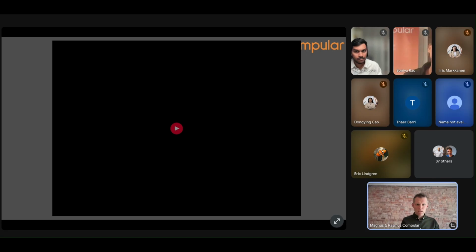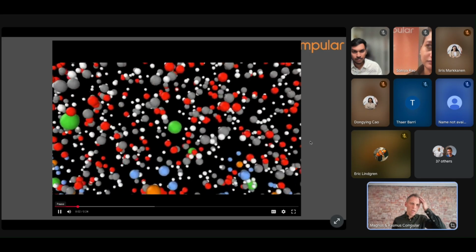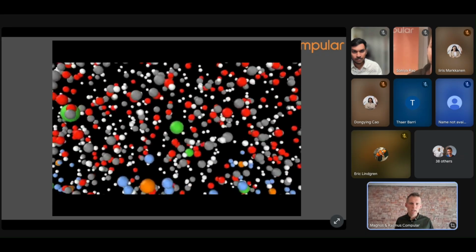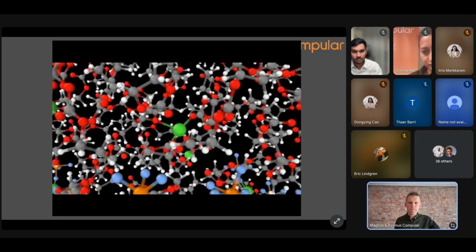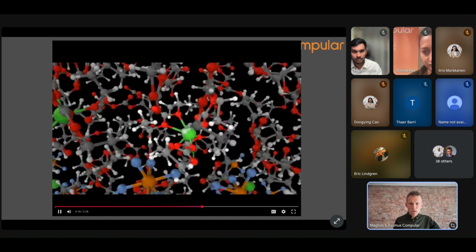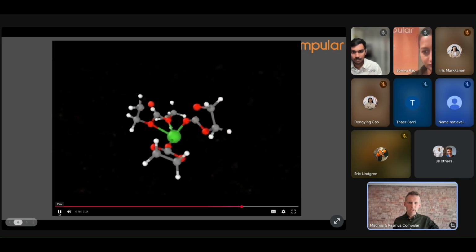So to give you some feeling for what this might look like, here's a movie from a simulation. What you get out is essentially just the atoms moving around in a box. But then with our code, we identify which atoms are actually bonded together and which are not. And then from that, we can also see which molecules and ions stick together in the simulation.